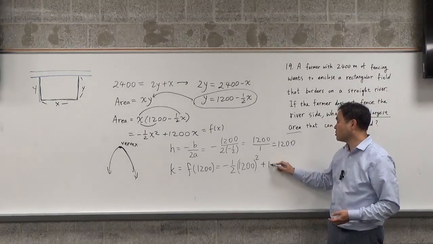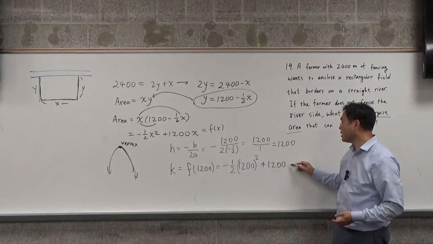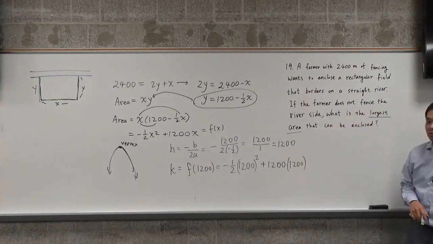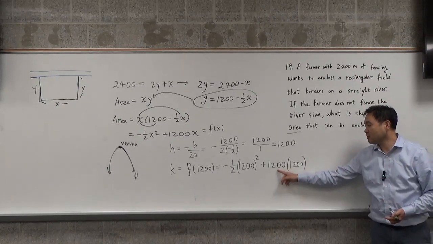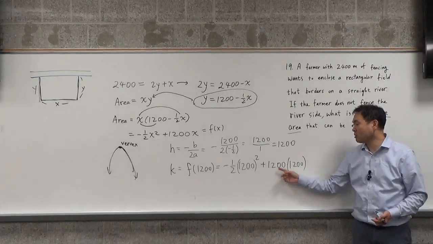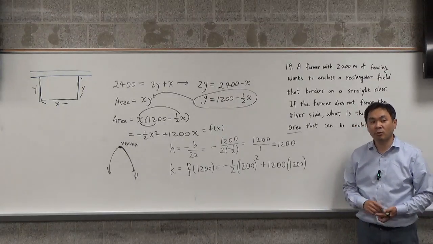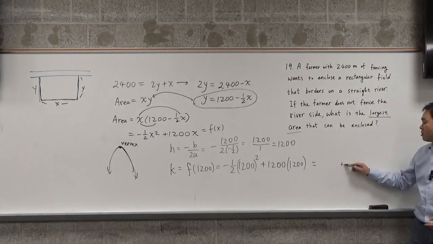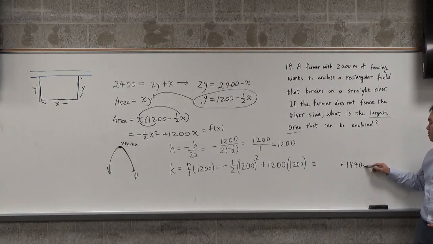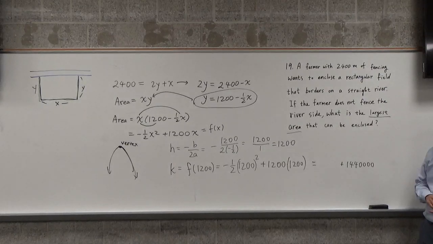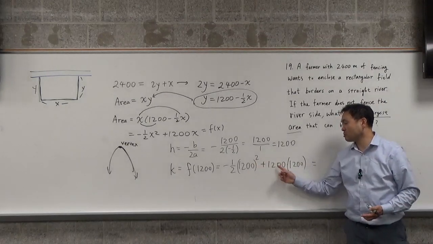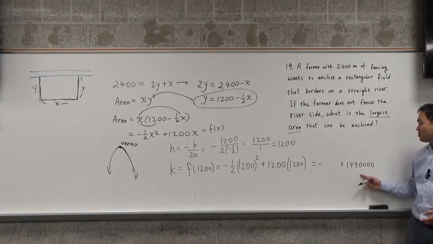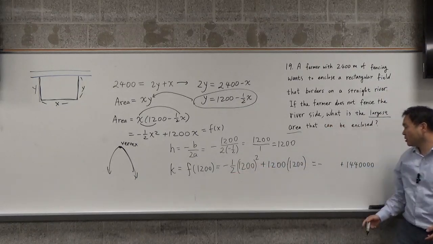And then plus 1200 times 1200, because we're plugging in 1200 into x. That's what you have. I think the second one's easier to calculate. What's 12 times 12? 144, right? So then you have 0, 0, 0, 0. So the second number is 144, 0, 0, 0, 0. Oh, wait, but 1200 squared is the same thing as 1200 times 1200. So this will be negative half of this thing because there's a half in front. What's half of this?